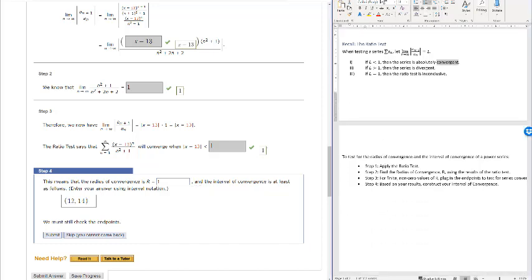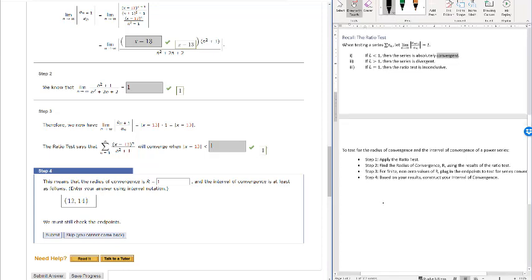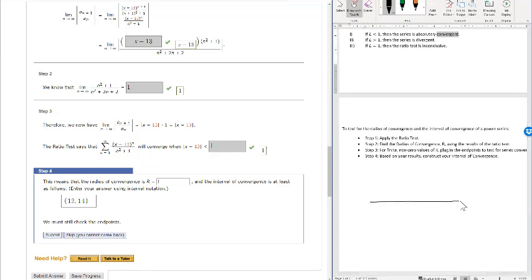A good thing to try is to imagine what this looks like on a number line. If we have a number line, our center point is 13, and then we are 1 unit away on the right side and 1 unit away on the left side, which is 12 and 14. For a radius of convergence, we know it's going to converge everywhere within the radius.